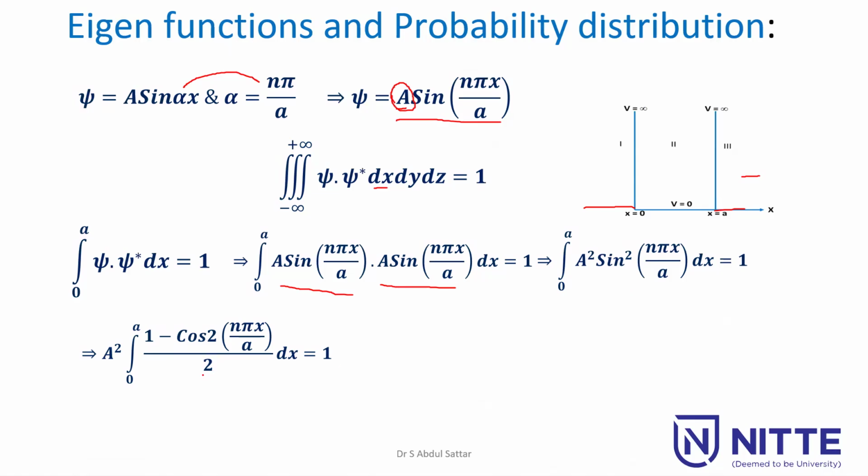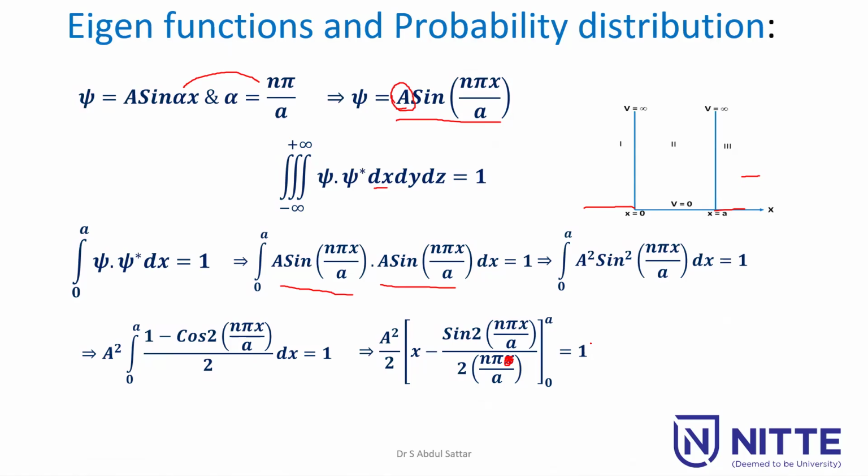So here, this 2 also can be taken out of the integration. Then integral 1 dx is x, and integral cos theta is sin theta. So by integrating this, A square by 2, integral 1 dx is x, integral cos 2 n pi x by a equals sin 2 n pi x by a divided by the derivative of this function, that is 2 n pi by a.